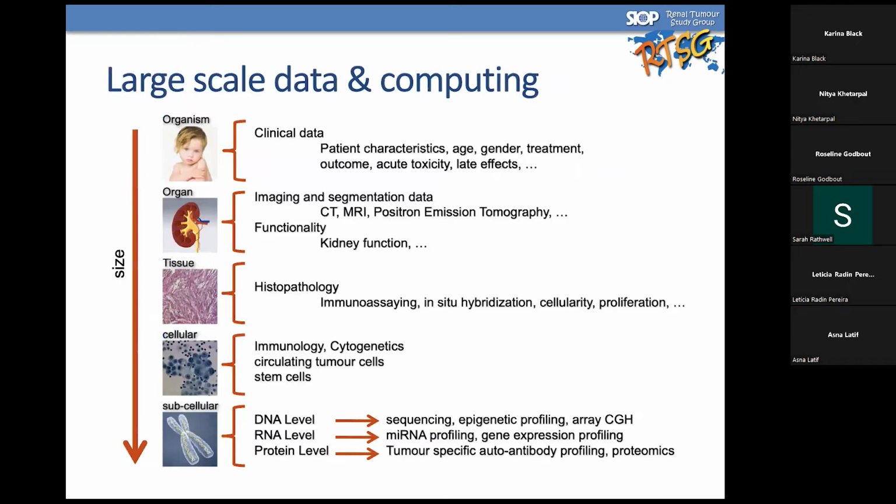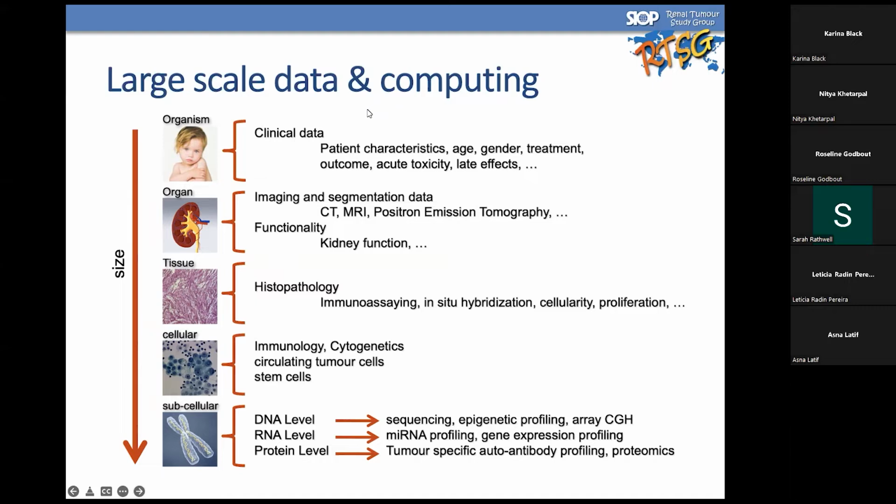If you are looking into the large scale of data and you want to compute it, that starts with the molecular data, immunology, cytogenetic data, histopathology, imaging, segmentation data, functional data, then you have the clinical data, and that may end up with epidemiological data. And you can also think about social media data.